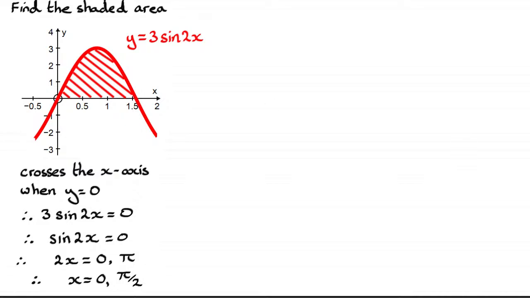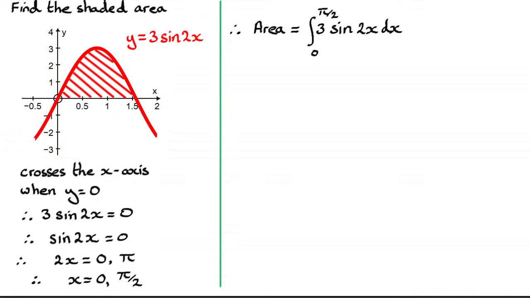So, what's that integral going to be? Well, you should know that the area is the integral of y with respect to x between these limits, 0 to pi over 2. Now, if you have never done radians before, you can still integrate this, and when you get to the end, we've got to substitute these values in. You could put 90 degrees in your calculator as long as you're in degrees mode, and you will get an answer.